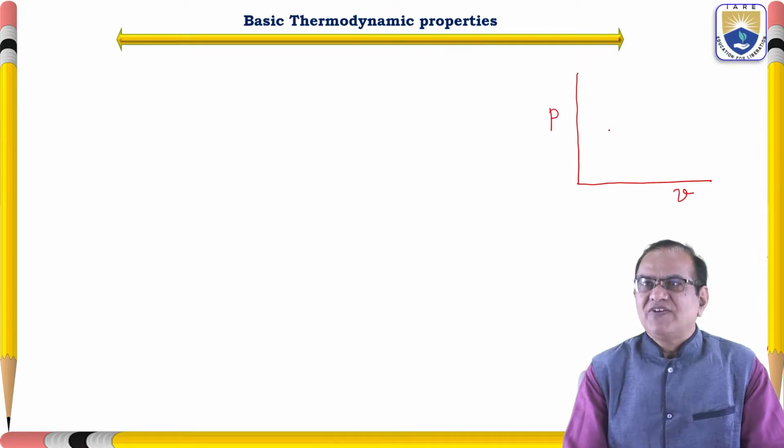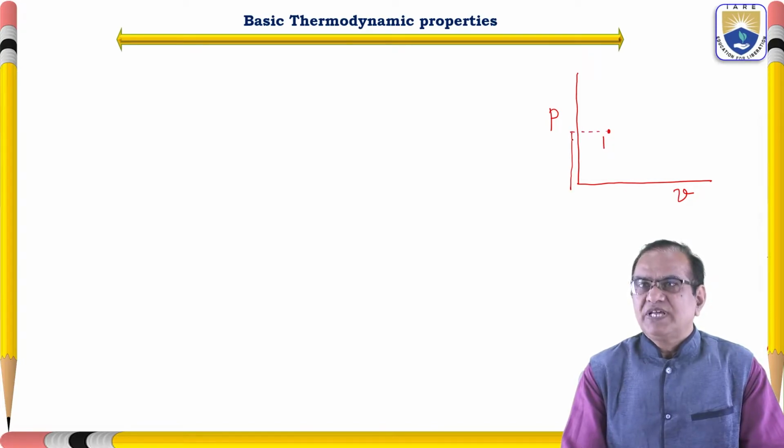If you want to give a state, one state is here, state 1. This much is the pressure and this is the specific volume. I am writing V1 and P1, so this is state 1, with P1 and V1.